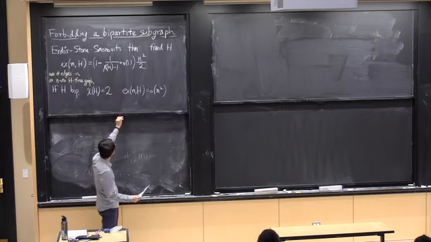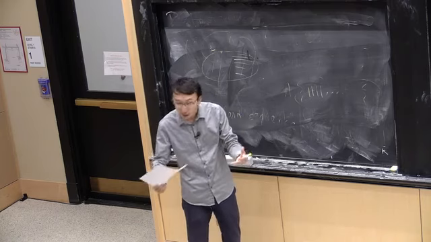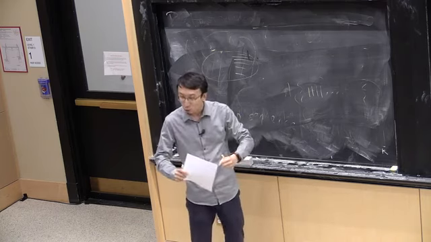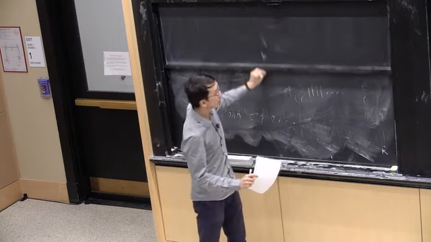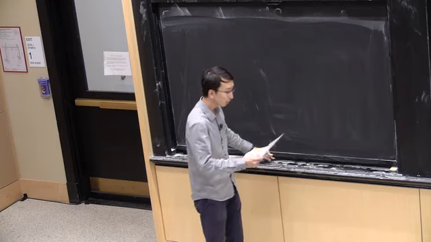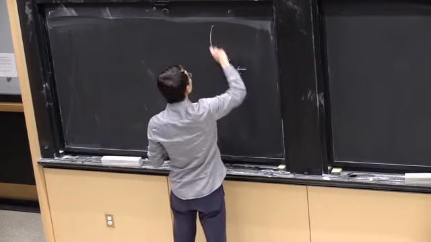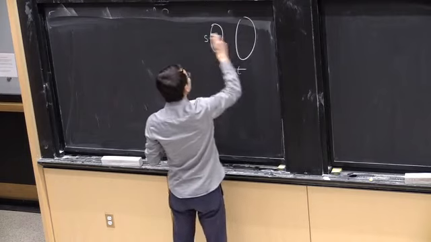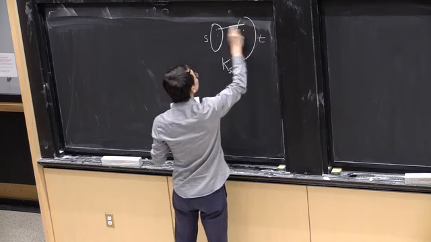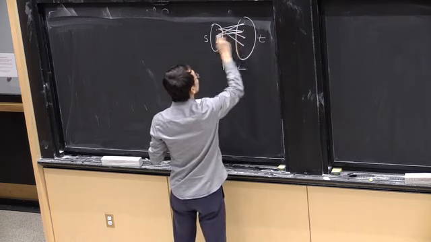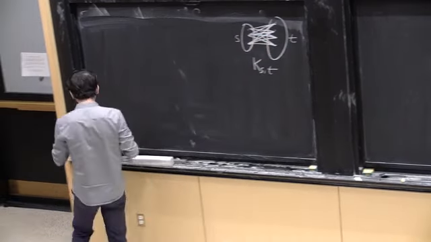And in particular, for bipartite graphs, there's a bipartite graph that plays a somewhat special role, namely the complete bipartite graph K_{s,t}, with s vertices on one side and t vertices on the other side. So this is a very nice bipartite graph.